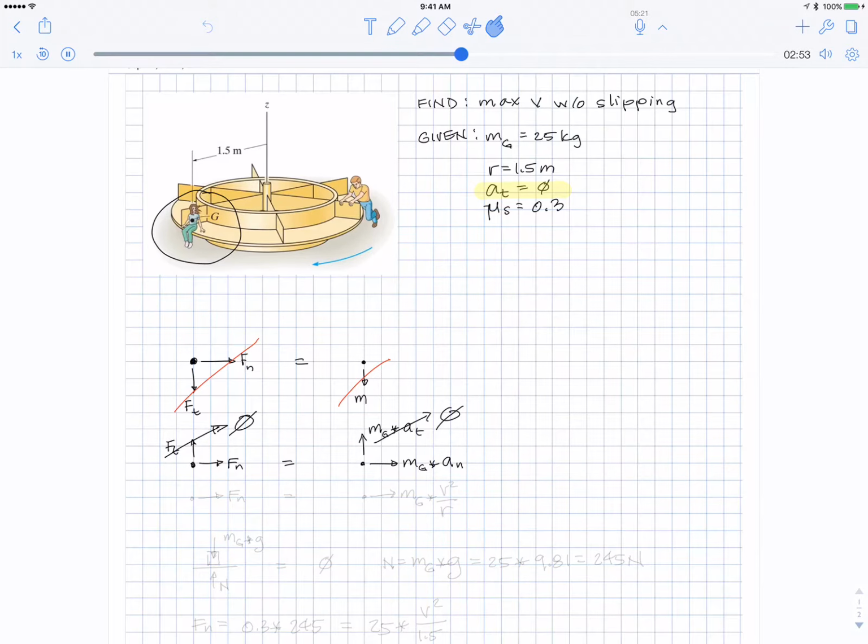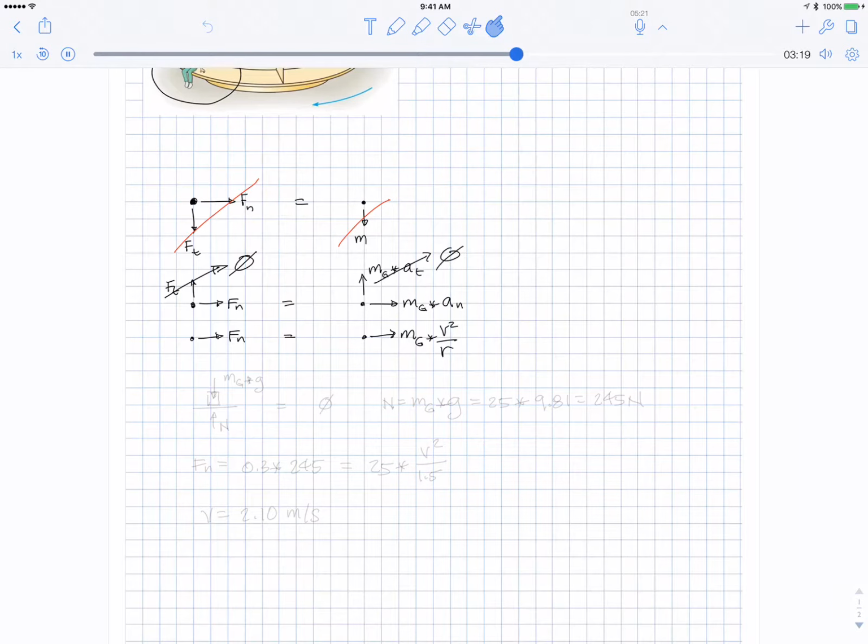So we then get F, this friction normal force, will equal just the mass of the girl times the normal acceleration, which we know is v squared over r. We should be able to solve for v squared if we could figure out the normal force. The friction force is just the normal force times mu.